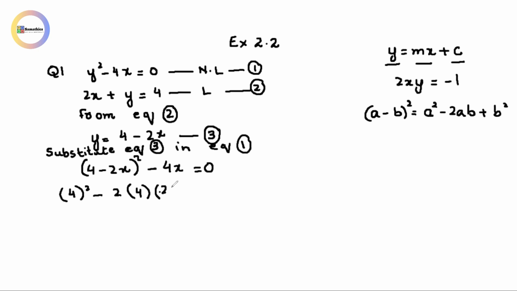We will not be taking the value of b as minus 2x. We have a minus b whole square. This minus sign is over here, so we don't have to write it with b. Don't make that mistake, right? Then plus 2x and then whole square.